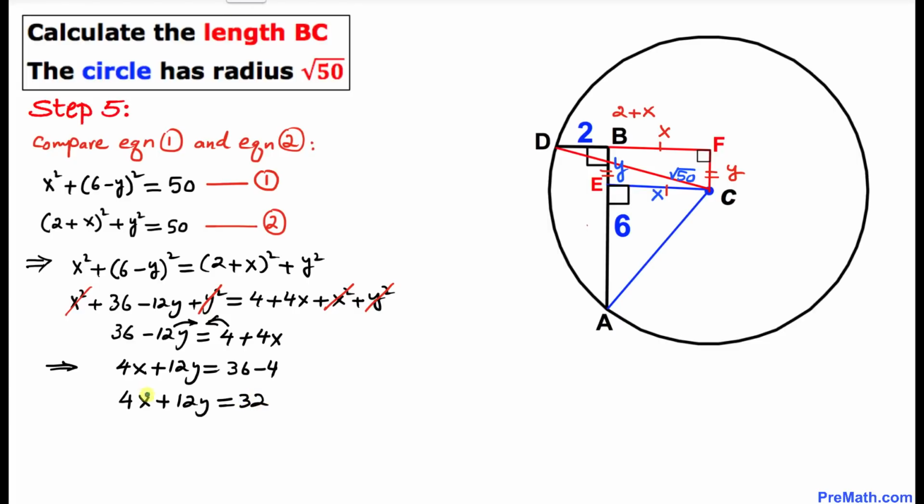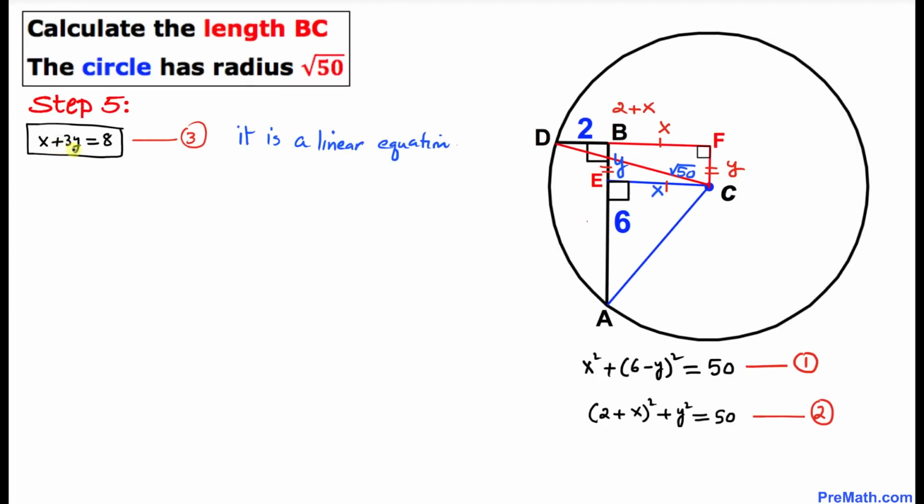Let me go ahead and divide across the board by 4 to make things simple. So this could be written as x plus 3y equals 8, and this is the equation I am going to call number 3. Now we can see that this x plus 3y equal to 8 is a linear equation.